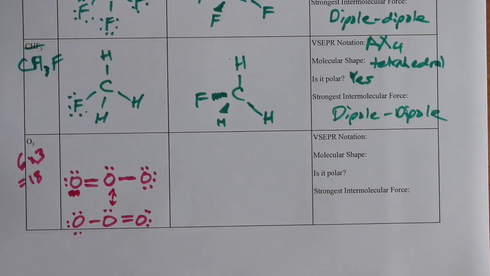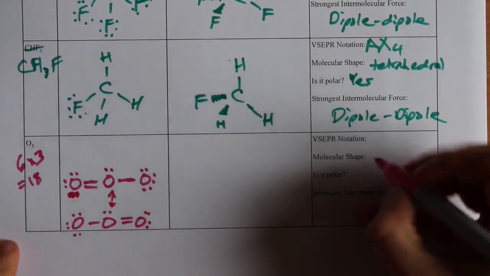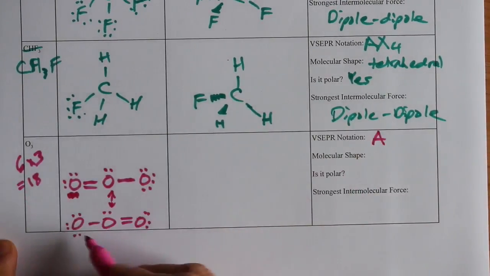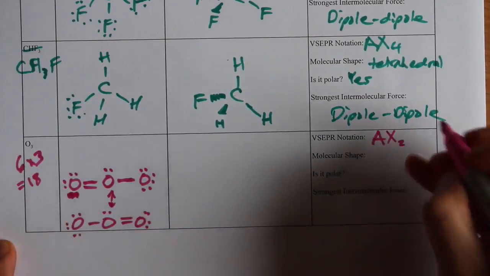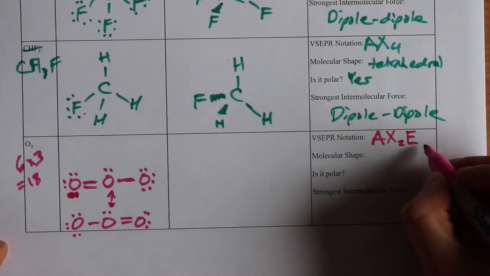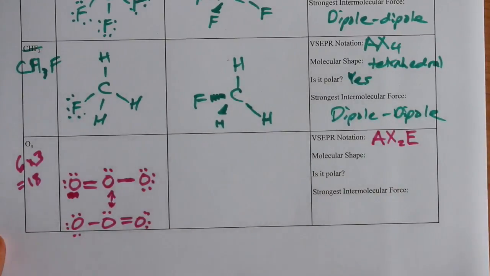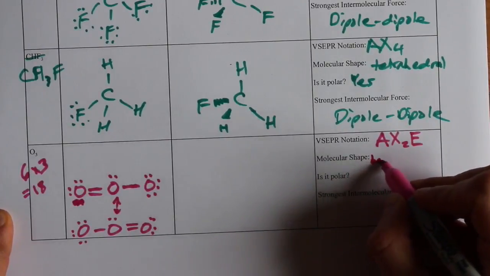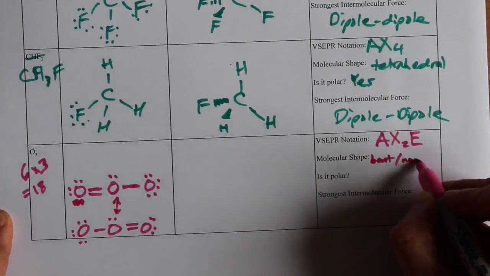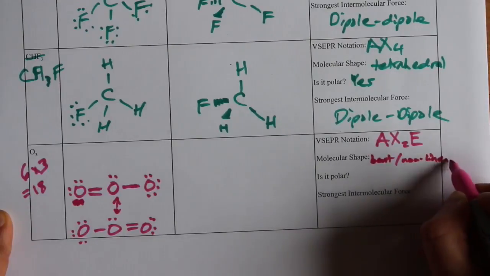But in both cases, the central oxygen, A, is connected to two atoms, X2, and has one lone pair, E. You can put E1 if you want, I don't. AX2E is a bent shape. You can also call it non-linear or V-shaped.